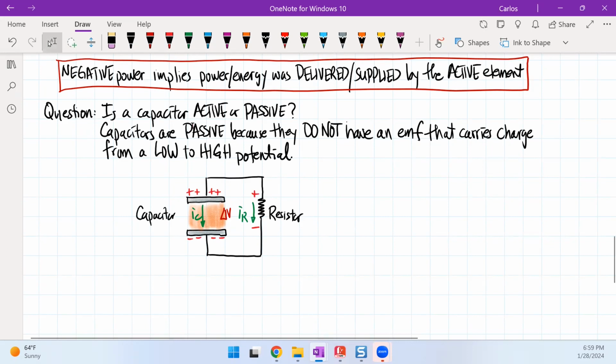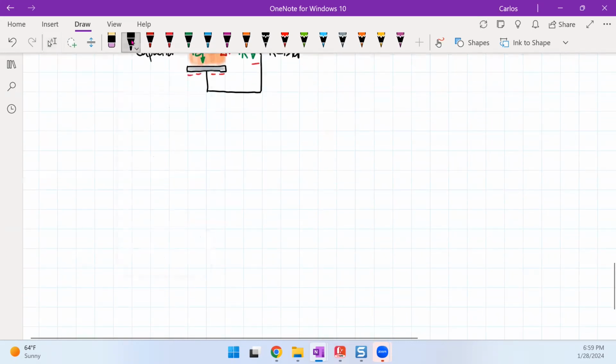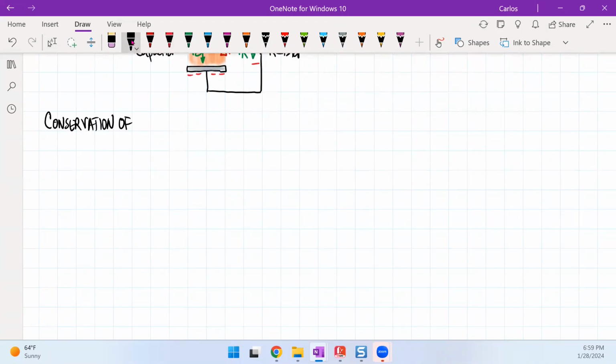So the last thing I want to say about power here is I want to talk about conservation of power. We transfer the idea of energy to power.